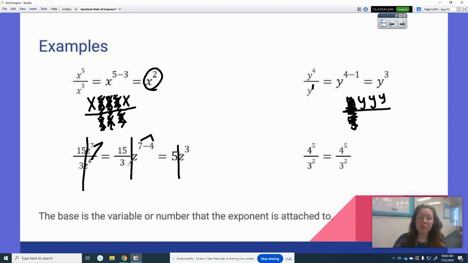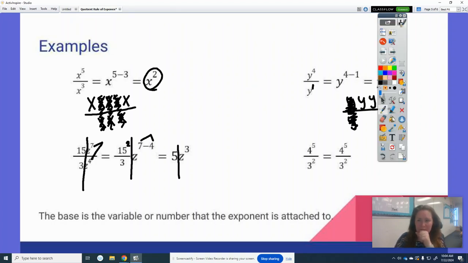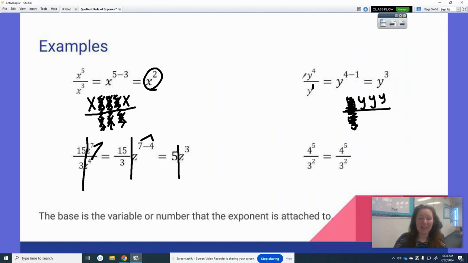Now the reason we split this up is because the numbers here are called a coefficient. This coefficient does not have an exponent, like it doesn't say squared or something like that, so it does not have to worry about those exponents at all. And then 15 divided by 3 is just the number 5, so that worked out great.